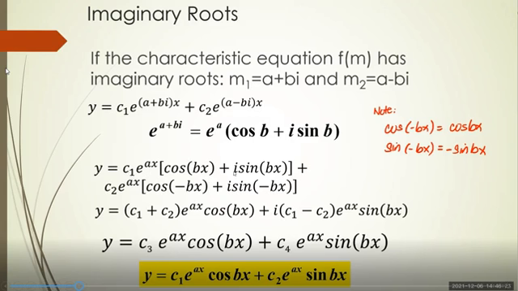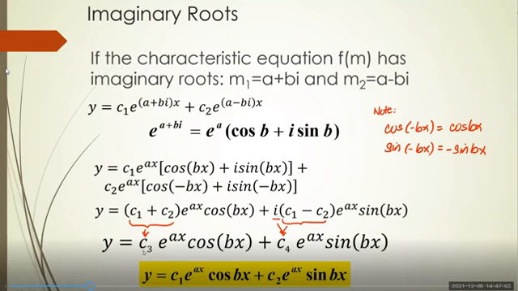And when you combine both sines, take note that sine of negative bx is negative of sine bx. That's why this becomes c1 minus c2. Since c1 plus c2 are both constants, I can say that that one is simply c3. And c1 minus c2, including the i, becomes c4, because i is just the square root of negative 1.